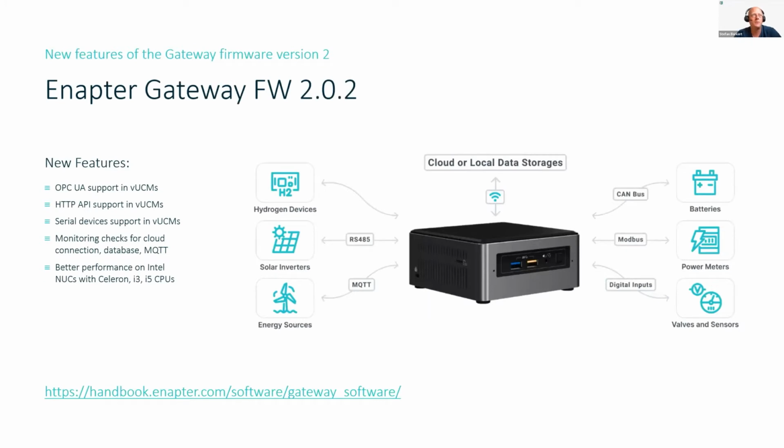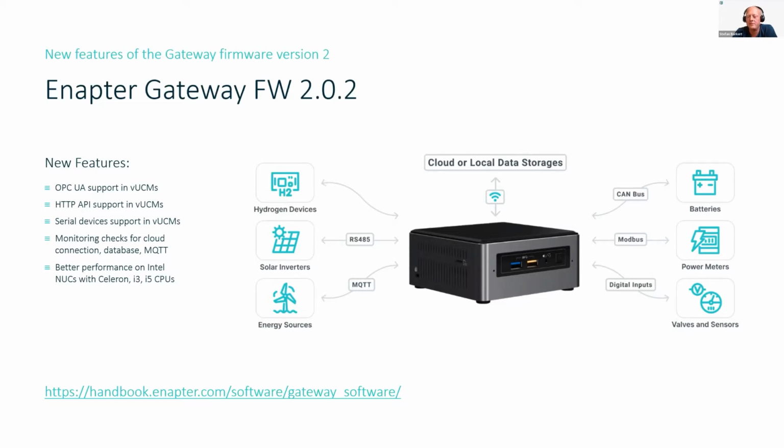So jumping to the gateway. The current version of the gateway that we have available for free download is a version we call internally 2.0.2. As you can see, and as mentioned by Chris already, we have a lot of additional support implemented.